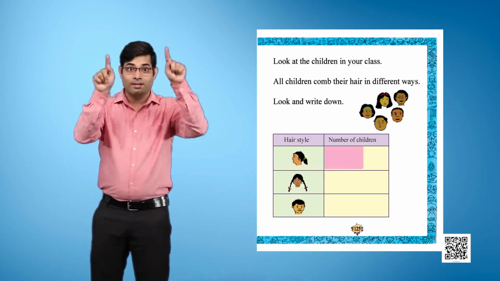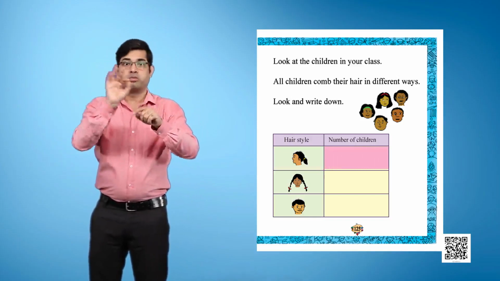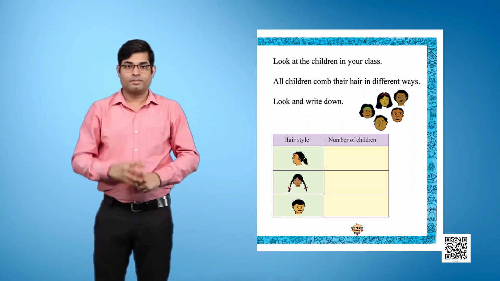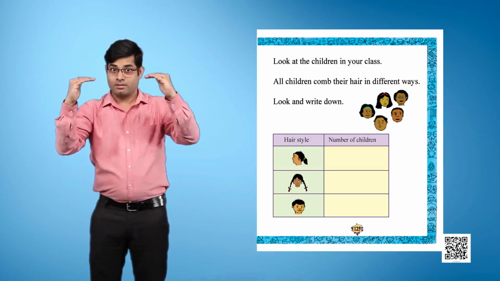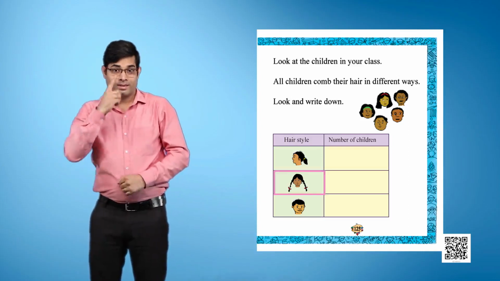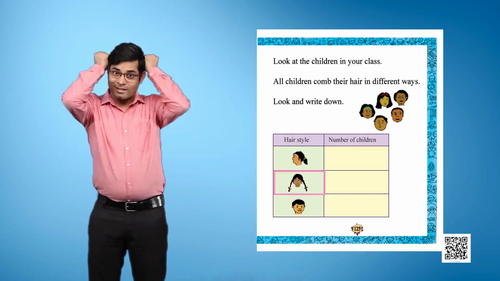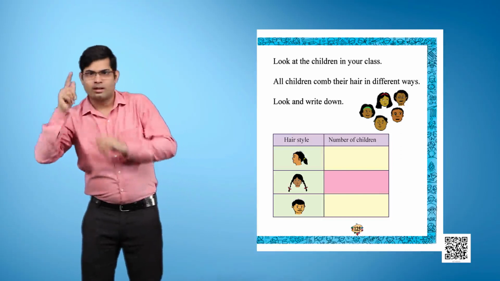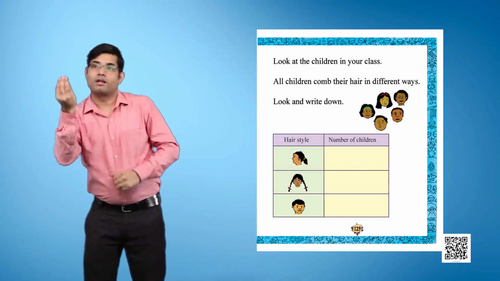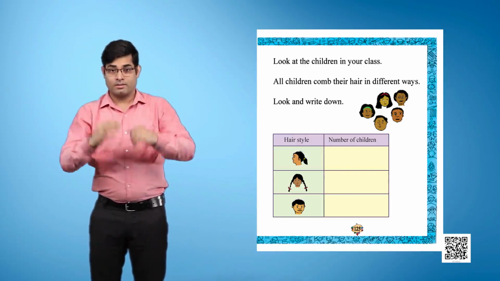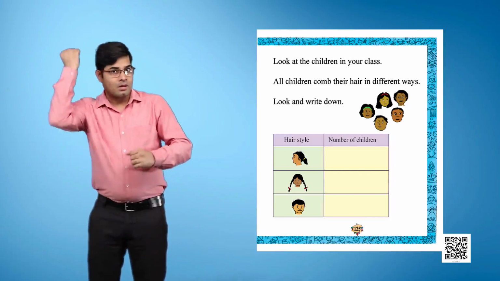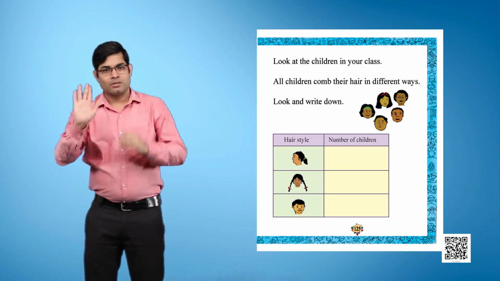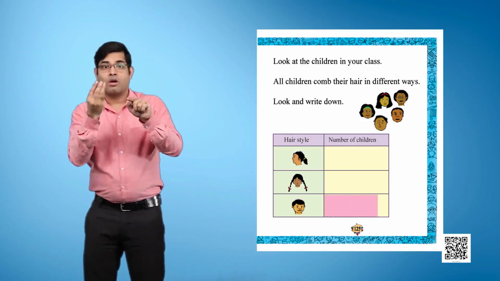Column 2 has a blank space for the answer. Row 2. Column 1 has a picture of a girl with 2 ponytails. Column 2 has an empty space for writing your answer. Row 3. Column 1 has a picture of a boy with short hair. Column 2 has an empty space for your answer.